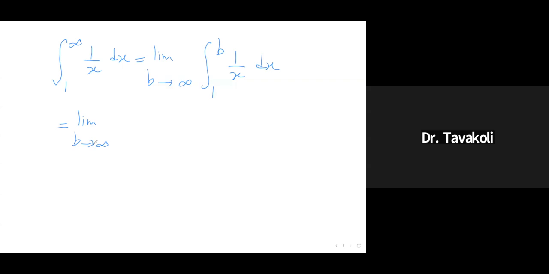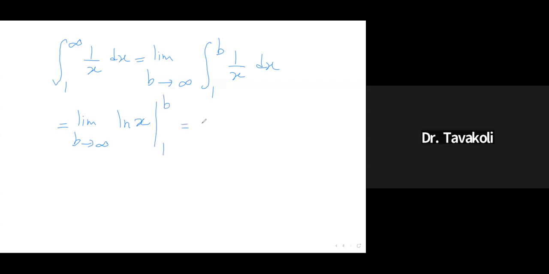It is ln of absolute value of x. We don't need absolute value. Do you know why? Because we are integrating from 1 up to somewhere more than 1, and there is no negative x there, so there is no need for absolute value for x here. And then we evaluate at these numbers.